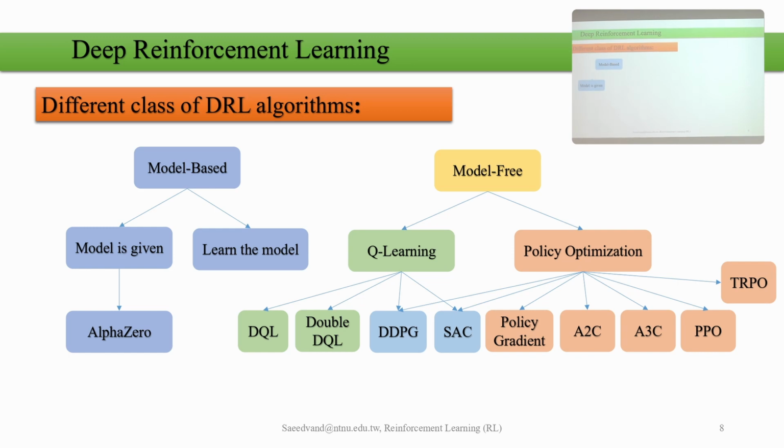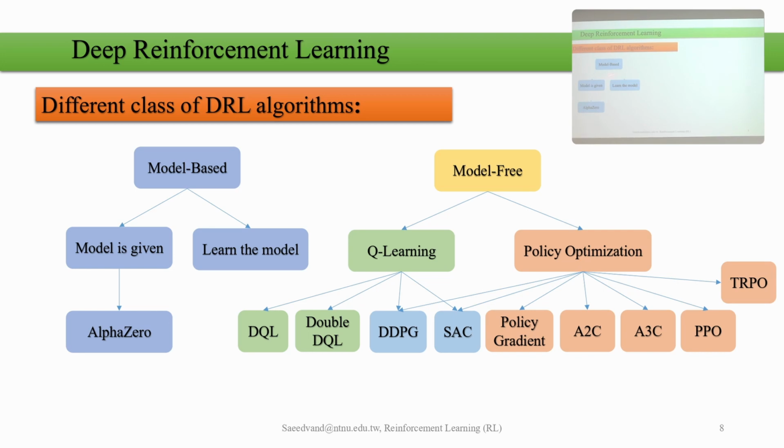In model-based algorithms, the model is given, like in the previous slide. One of the best examples is AlphaZero, which we discussed in the first or second lesson. Since the model is given there, we can solve it that way.